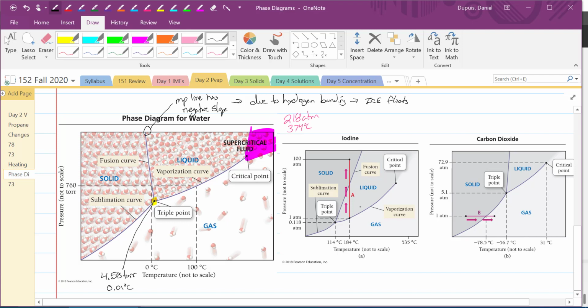It'll be very close. It'll be a close spot. Or I'll ask you which points: where's the critical point? Where's the triple point? Where's the solid? Those are the types of things I'd ask you. So that's the phase diagrams.